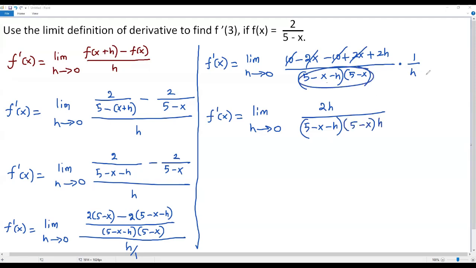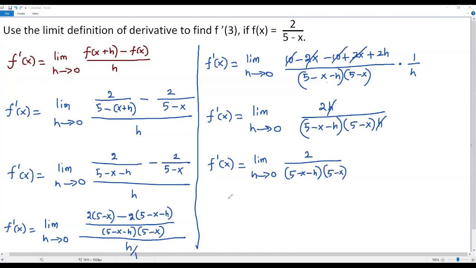Here this h will cancel out. So I get f prime of x equals the limit as h tends to 0 of 2 over (5 minus x minus h) times (5 minus x). That's all the simplification we can do in this function. Now in the next step we can plug in the limit 0 for h into this function.